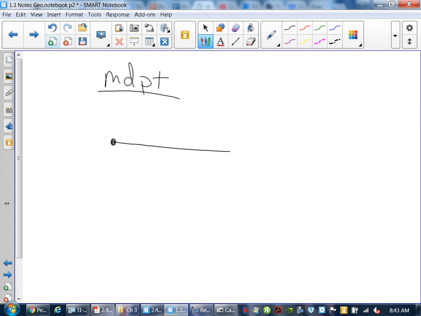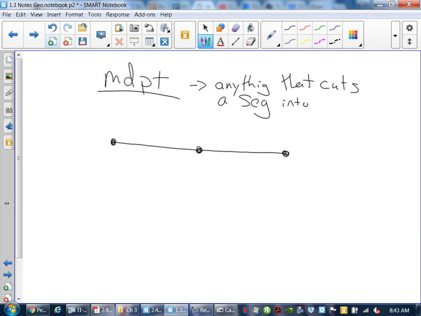What happens here is a midpoint. A midpoint is the halfway part of a segment. It cuts a segment into two equal segments. It's anything that cuts a segment into two congruent parts.